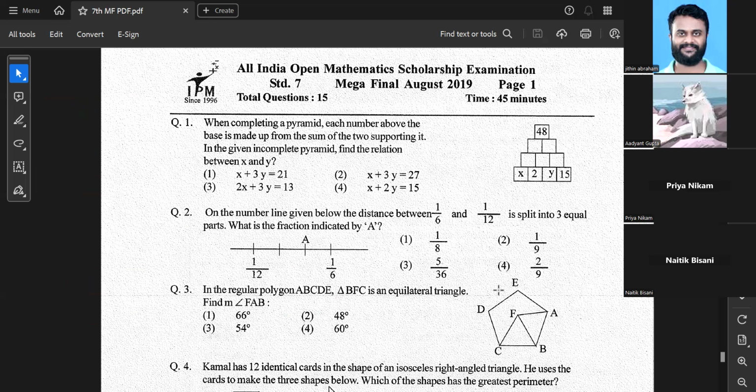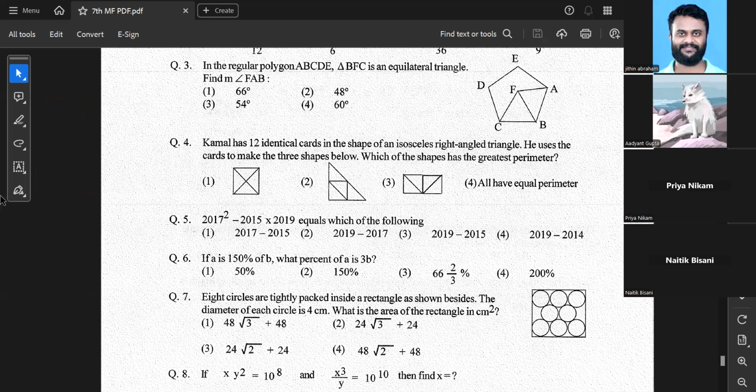So proceeding further, third question. You have the regular polygon ABCDE, so this is a pentagon. Triangle BFC is an equilateral triangle. Find the angle FAB. This is what we have to find. So let's try it out.